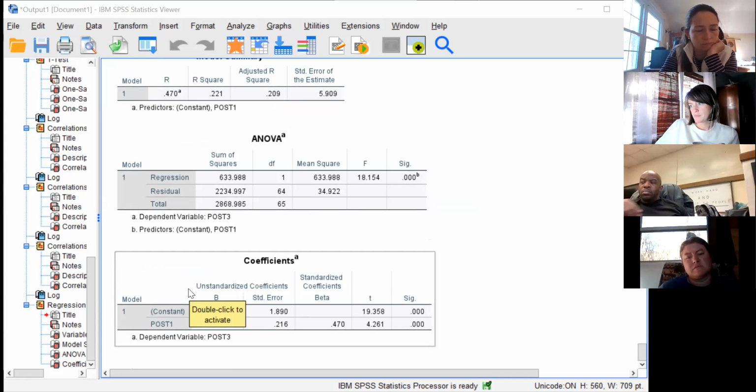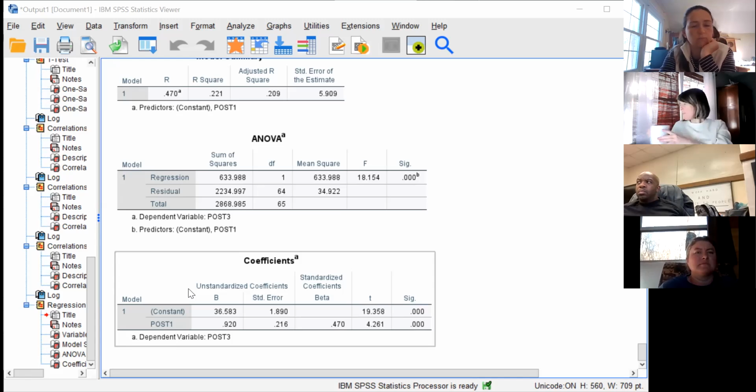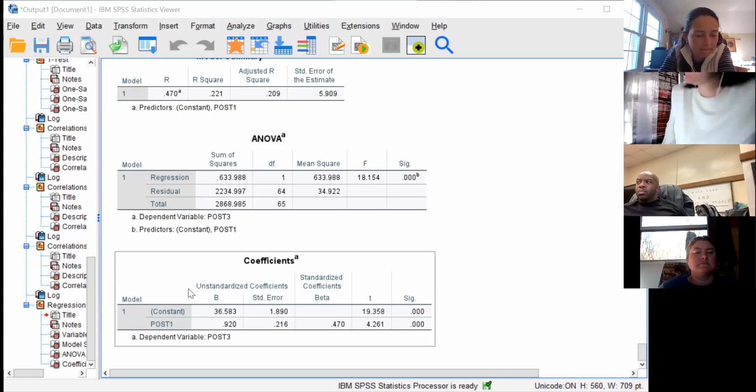And I'm going to jot down the formula over here on my little detachment thing. So you see the unstandardized coefficient for post one. I'm jotting it down on this piece of paper.